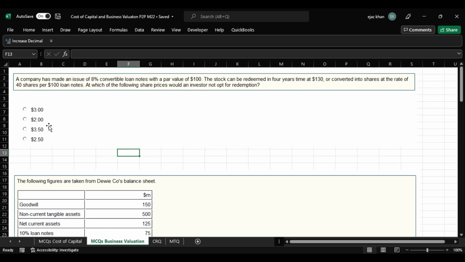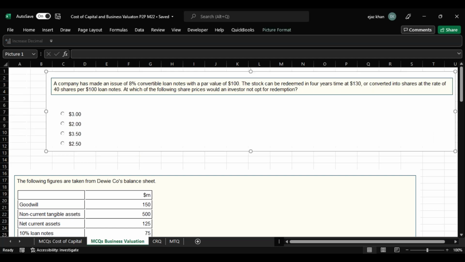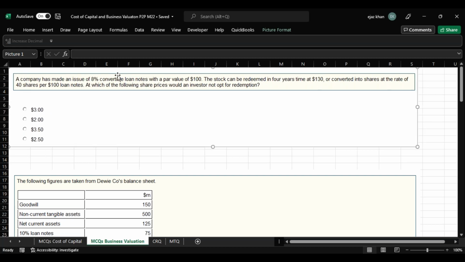Now, what does that mean? The company has issued loan notes, and upon issuing them, the company has given the investor the option of whether to convert these loan notes into ordinary shares of the company in 4 years time, or get their cash back.